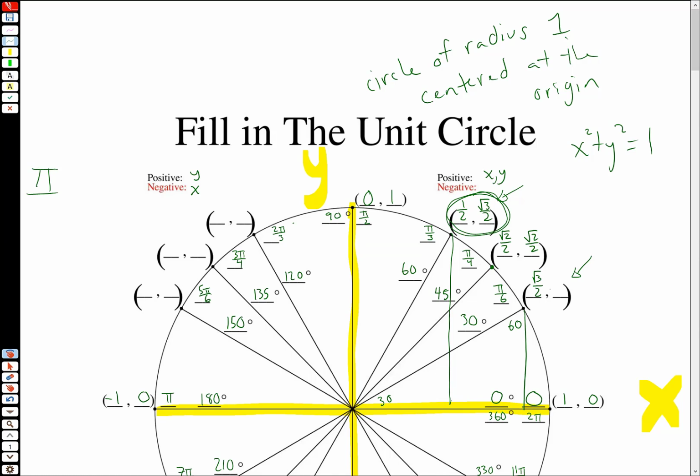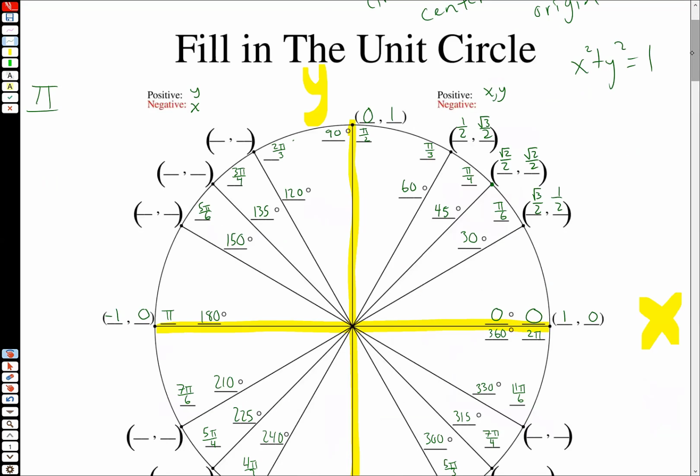So the x coordinate here should be square root 3 over 2, and the y coordinate is 1/2. Okay. And now we've completed the first quadrant of the unit circle. And once you have that, you actually have the whole thing, which you guys are going to dive into during class today.